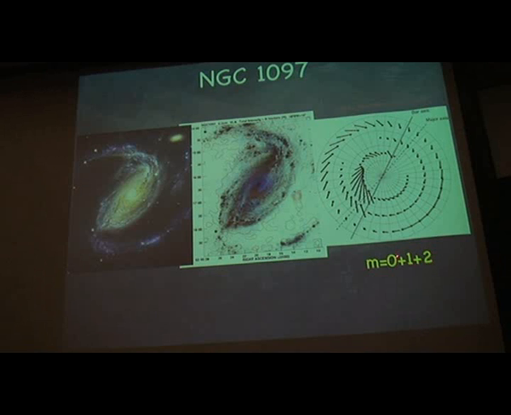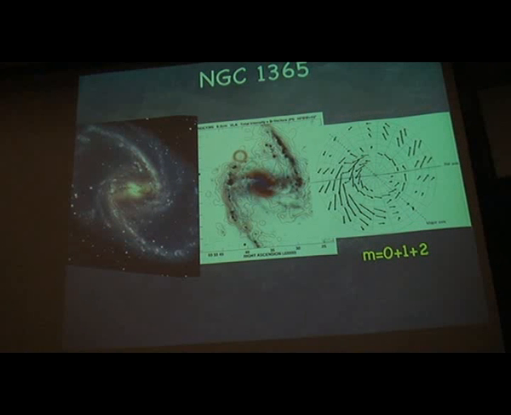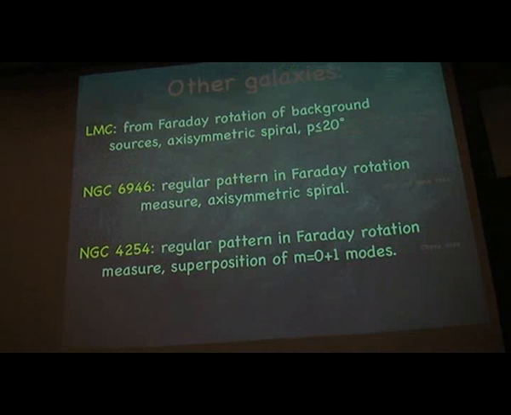But what's surprising now, I think, is that you have such a distorted, non-circular velocity field, but this axially symmetric mode in the regular magnetic field structure still shows up. That occurs in this galaxy, NGC 1097, and similarly in another barred galaxy, NGC 1365. So to describe the magnetic field structure from the observations, we still find that we need this axially symmetric mode, even though the velocity field is highly non-circular.